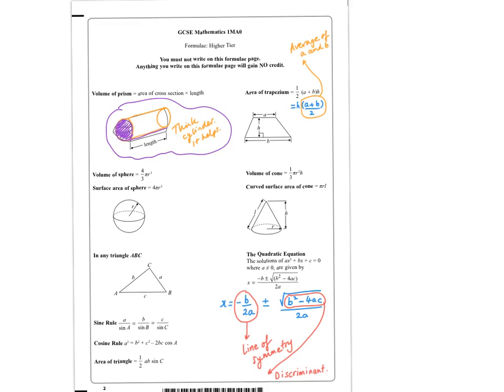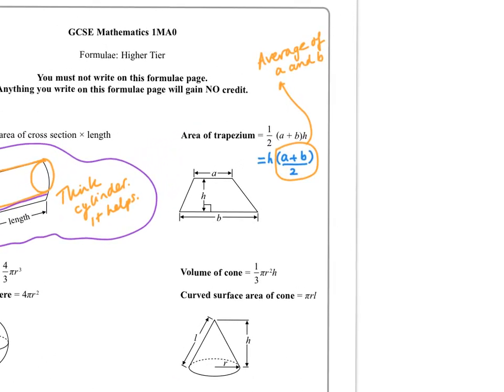With the area of a trapezium, if you imagine h times b would give you the area of a rectangle, which was too much.